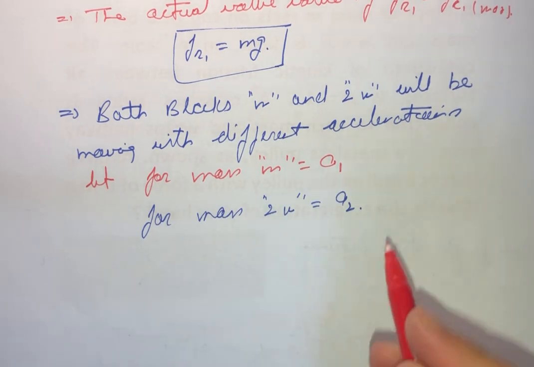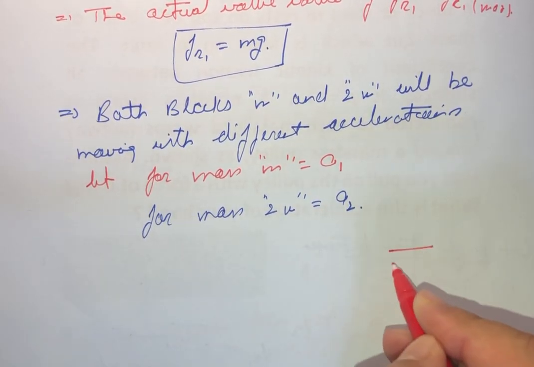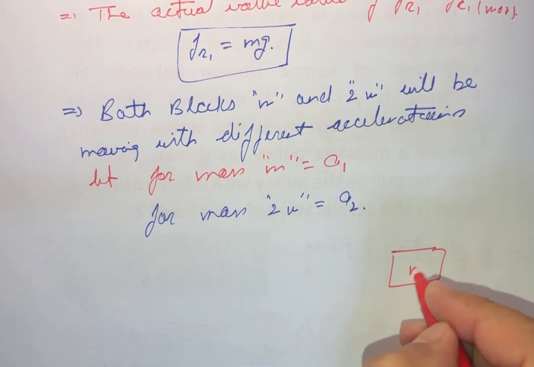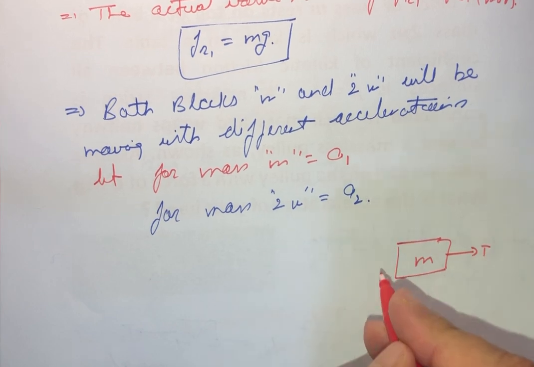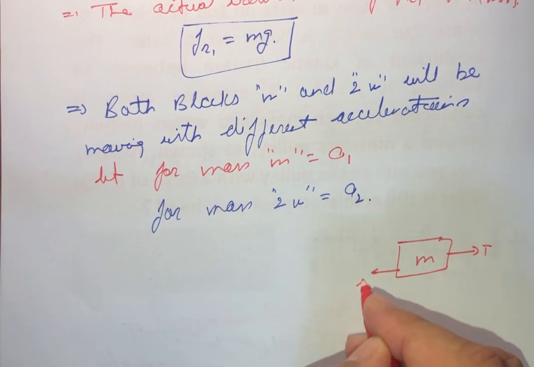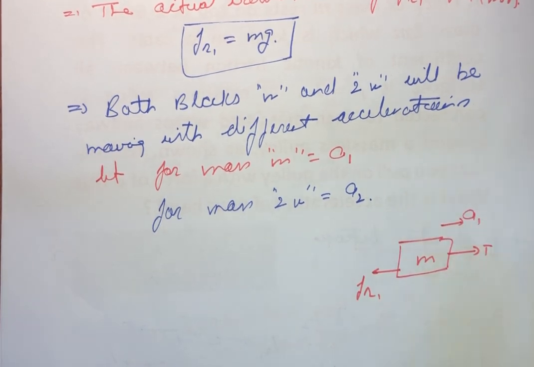So now we draw the free body diagram for M1. So we have M, we have tension T, and there is FR1. Now it is moving with the acceleration of A1.